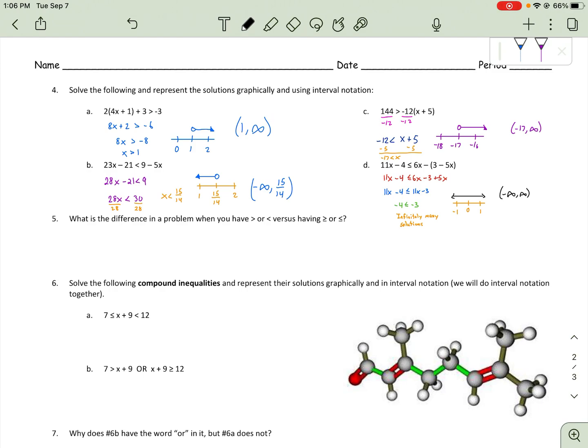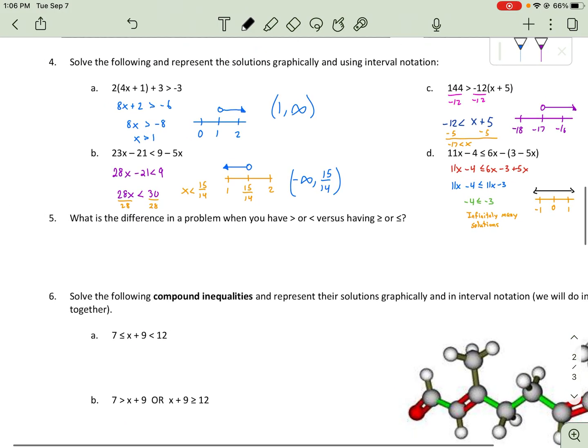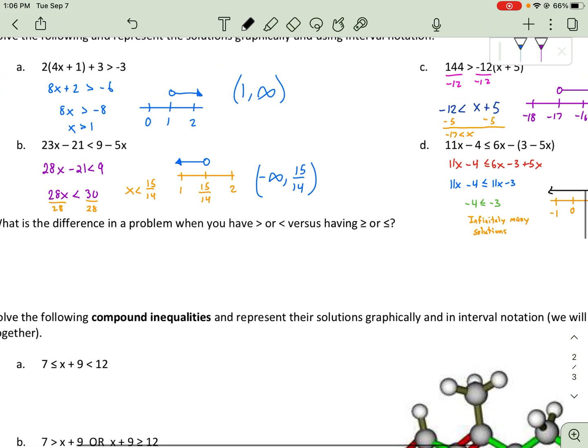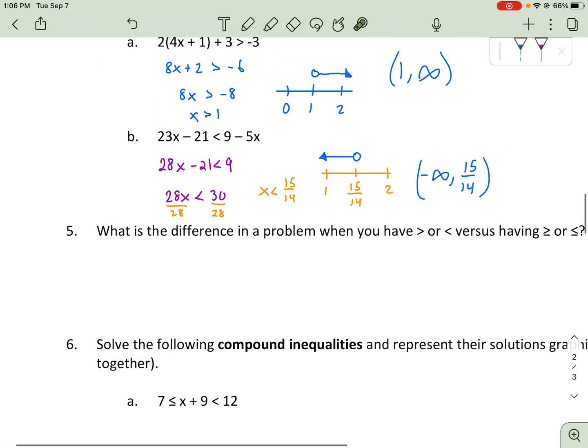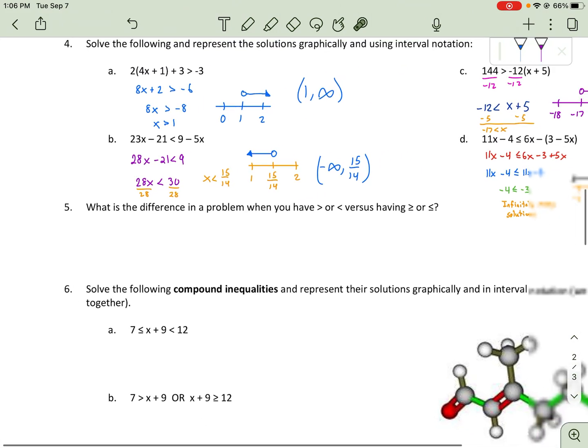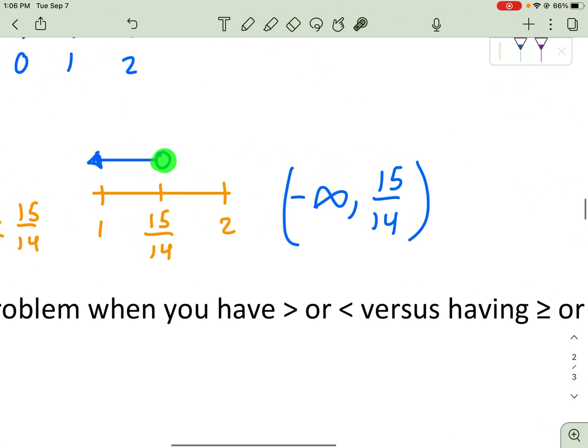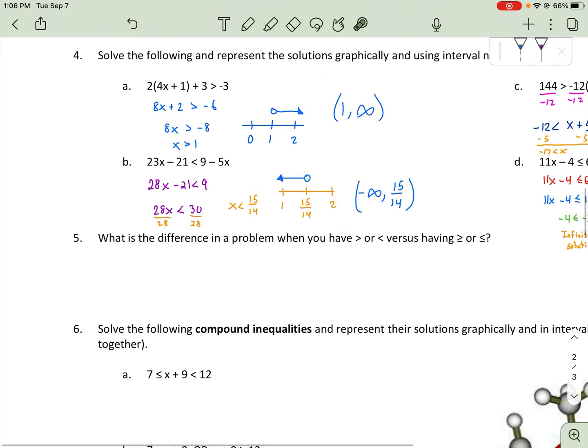All right, number 5: what is the difference in a problem when you have greater than or less than versus greater than or equal to or less than or equal to? That's what I've already explained. It means you can equal the number that we have at the end. So in this case, if this were or equal to, that means this number is a solution, and this would fill in and this would be a bracket when you write those solutions.